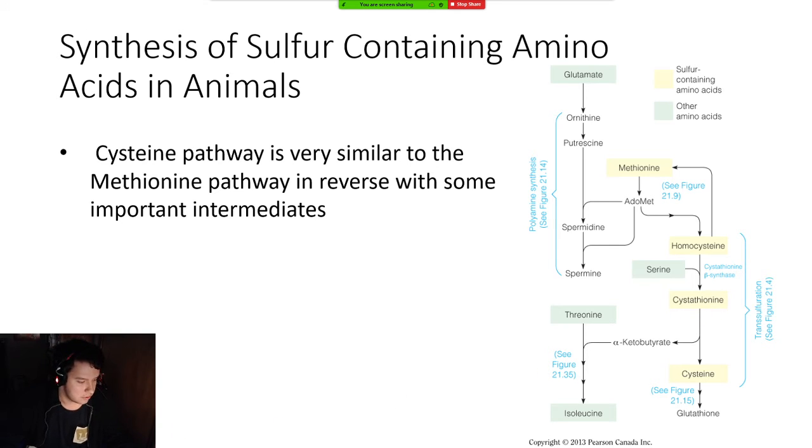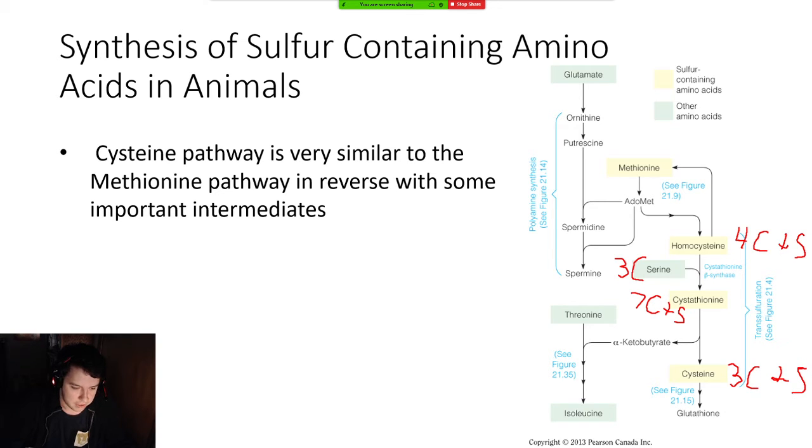So this is a kind of cool reaction because we start with a 4-carbon molecule that has the sulfur group, and then we have this 3-carbon serine, and then we have this intermediate here that actually has 7 carbons plus the sulfur group, and then this cystathionine gets broken in two to make this cysteine that now has the 3-carbon backbone of the serine, but it also has the sulfur group now.